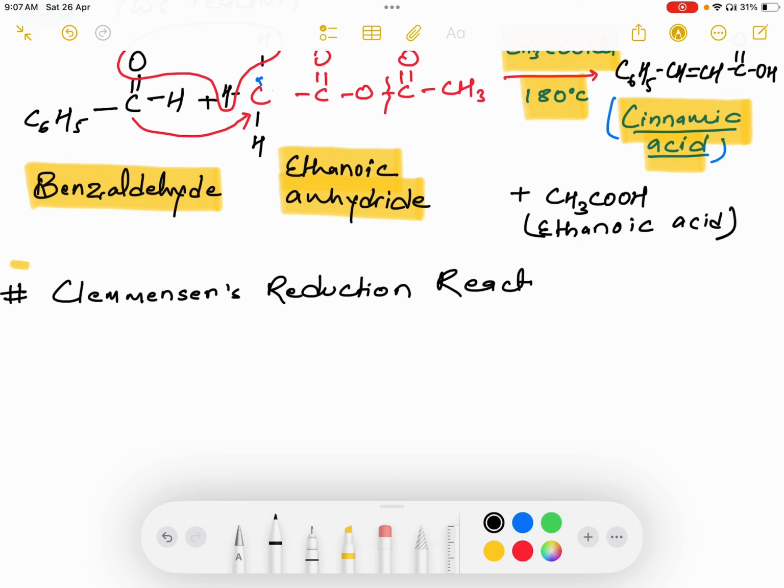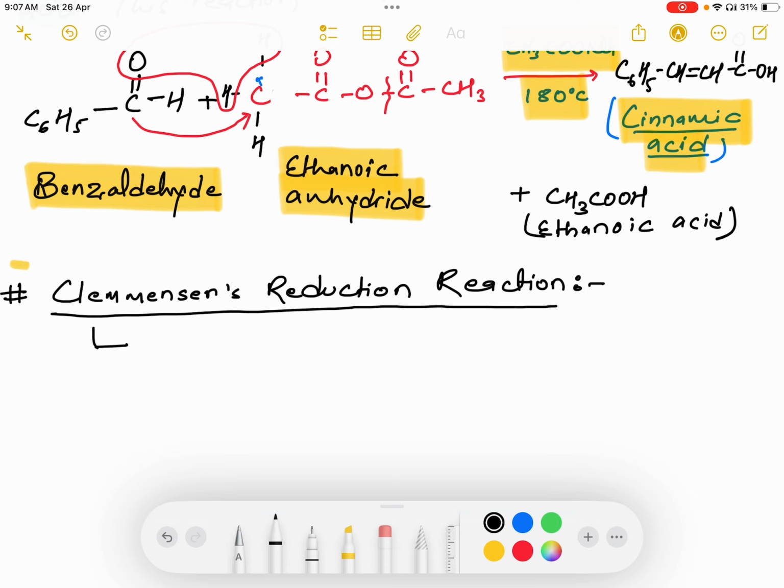What it basically says is that for any carbonyl compound, that is aldehyde and ketone, if you want to convert the aldehyde or ketone into an alkane, that is, convert the carbonyl group into an alkane group, what is its reagent?